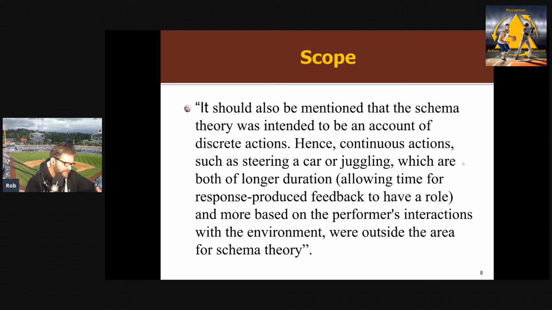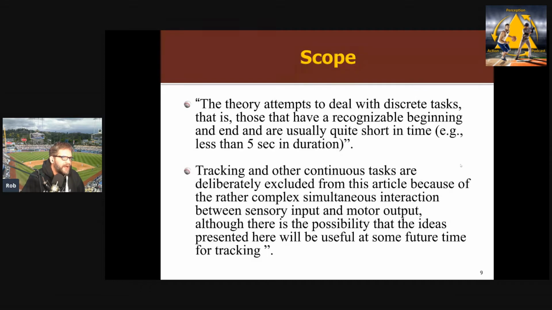Where they occur over a longer period, the basic idea is that it's not a super quick action. It allows for feedback to be used, right? So we don't necessarily need just the motor program. It gets more complicated. Even though Schmidt says this directly at the start of the paper, the basic idea of a motor program seems to have been extended to all kinds of sporting actions. Part of it, I think, is a little confusing. Sometimes when Schmidt writes, he talks about less than 5 seconds as quite short in time. 5 seconds is not quite short in motor control time periods, right?